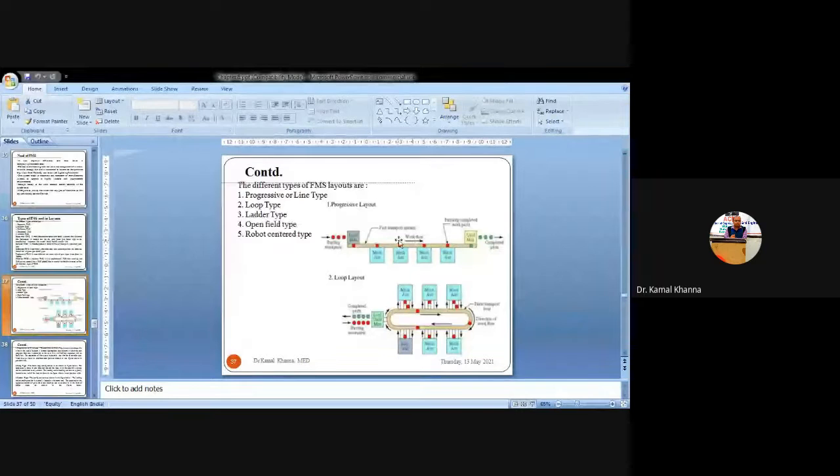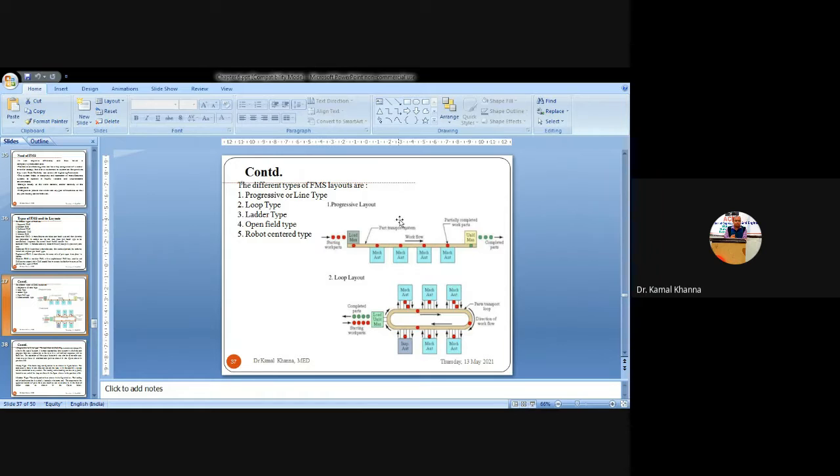There will be a buffer stop or inventory created. Let us say the third workstation has some breakdown, then there is a buffer stop or inventory that will be generated at workstation 2.